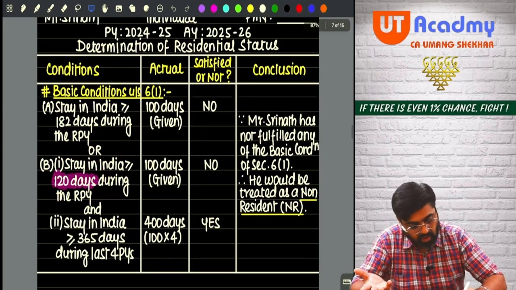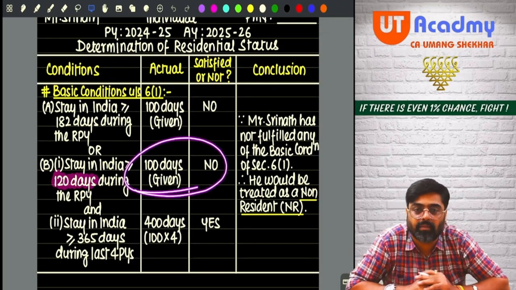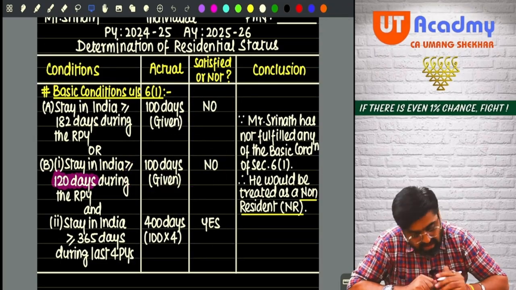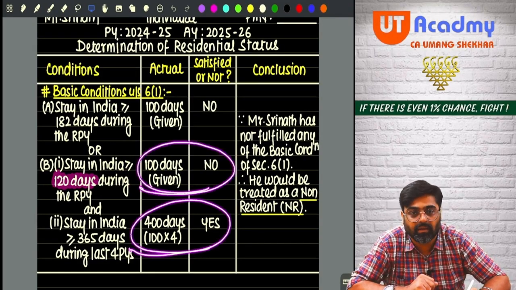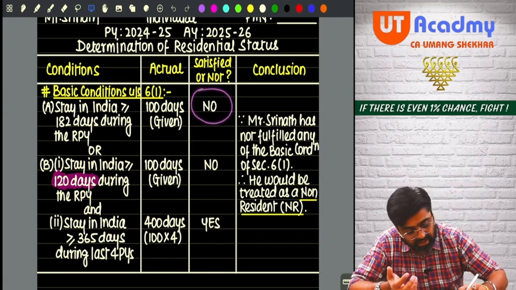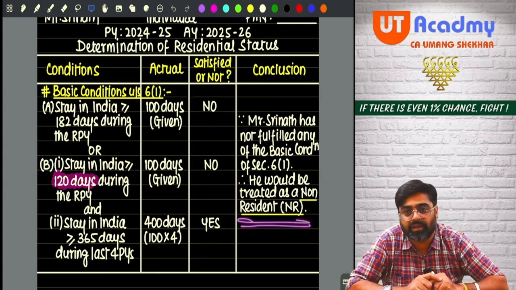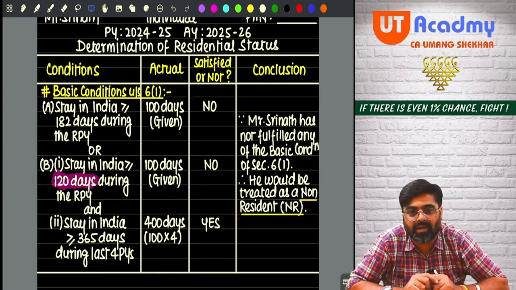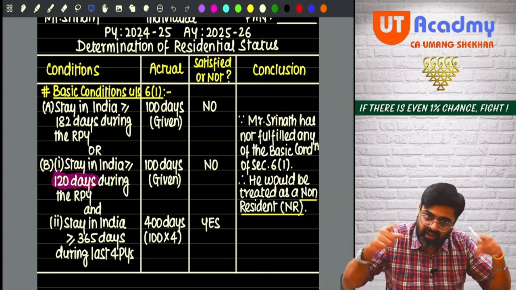Now A is not satisfied. B is applicable, but B is also not satisfied. B part 2 is satisfied, but B part 1 is not. That means B is not satisfied. He satisfies neither basic condition A nor basic condition B. Here also he will become a non-resident. Everyone understanding? There are no working notes to be prepared here. Done. Part B, I have solved it both ways.